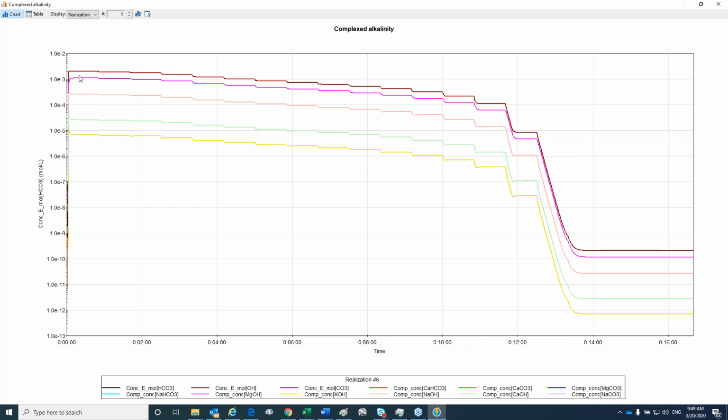What I want to show here is pretty interesting. Each time an aliquot of HCl goes into solution, we get a little dip here.